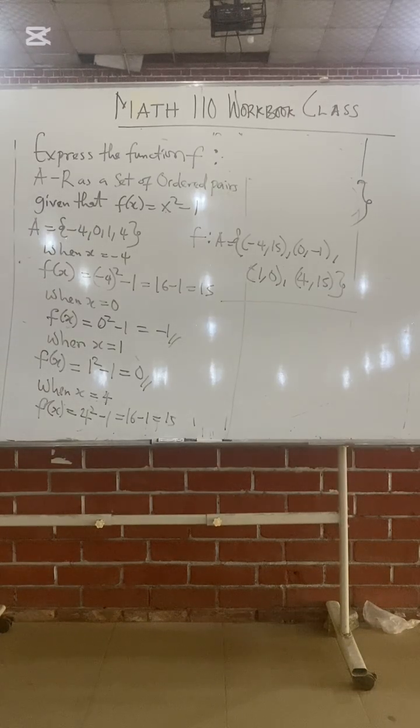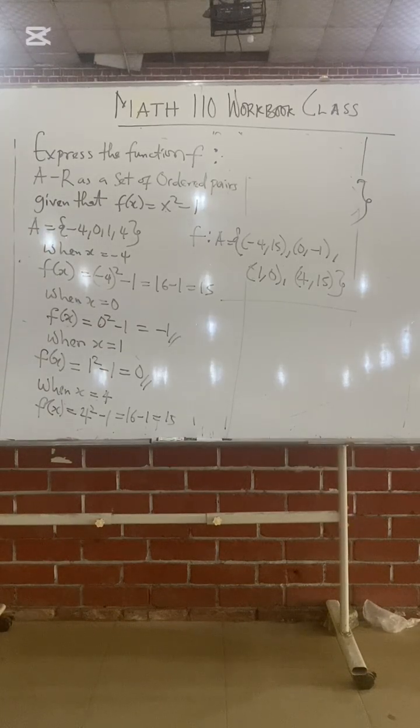They say use long division method to determine the quotient when the stated polynomial is divided by the bold-faced polynomial.